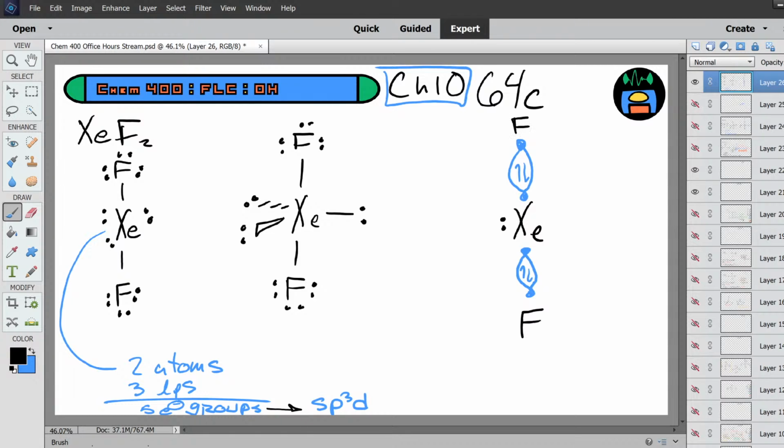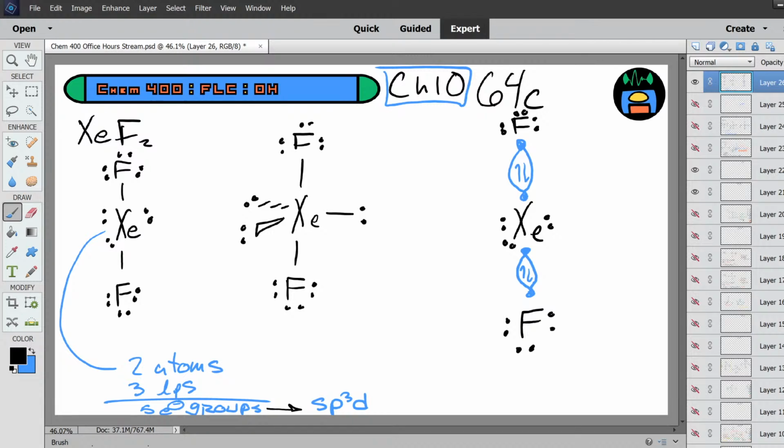We'll have 3 sets of lone pairs around our central atom and 3 sets of lone pairs around each fluorine. So that is the sketch that they are looking for, part C.